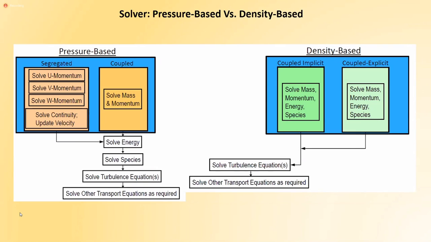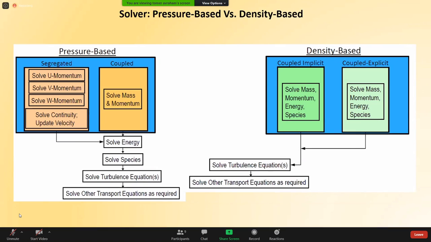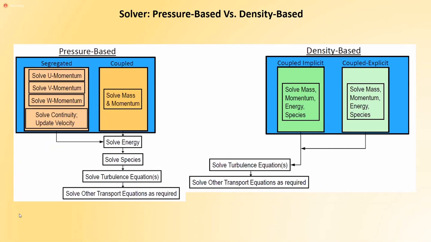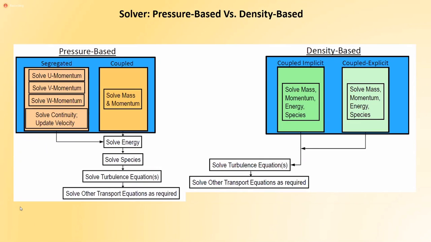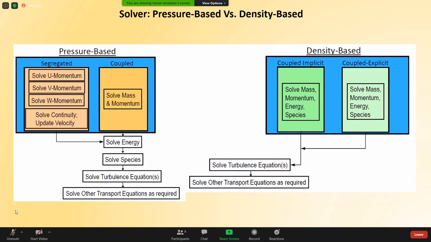I mean, in a very high Mach, you could get a phenomenon like the chemistry changing, so there's no way to not use density-based solvers. But usually we prefer to use pressure-based solver for most of the problems.